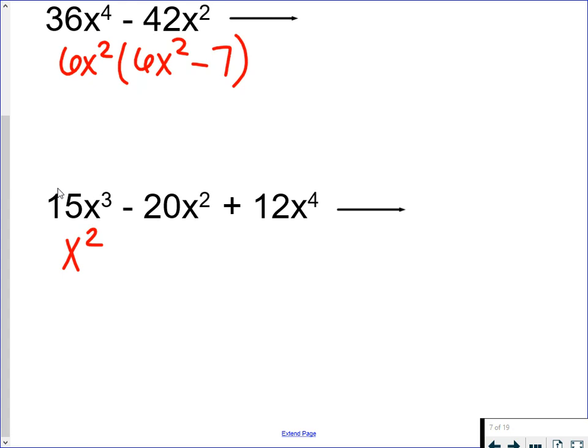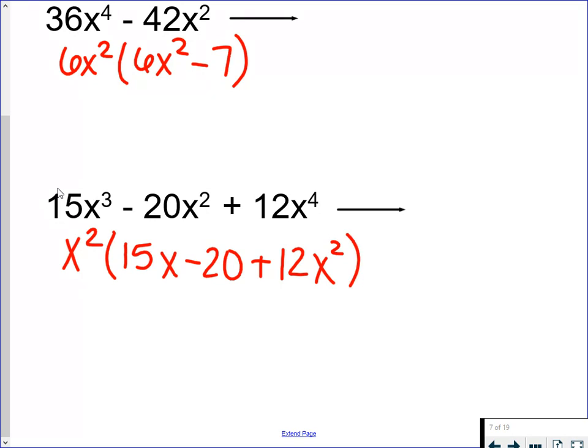Okay, cool. All right, so yes, I can only take out x squared. I can't take out a number, and if it cannot be taken out, don't force it. Don't make fractions happen, especially with greatest common factor. So it's 12x squared plus 15x minus 20, which is standard form, and that would be preferred.